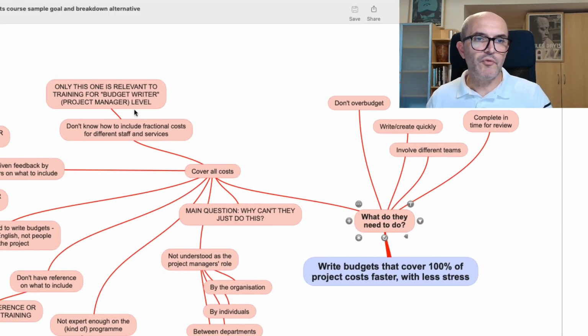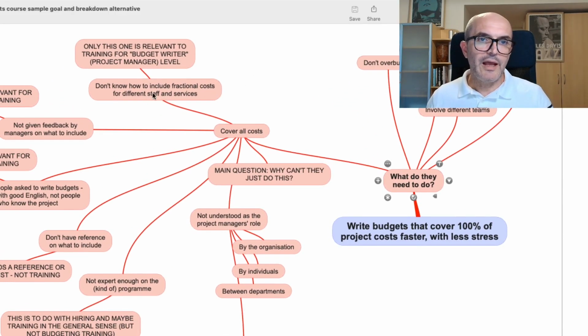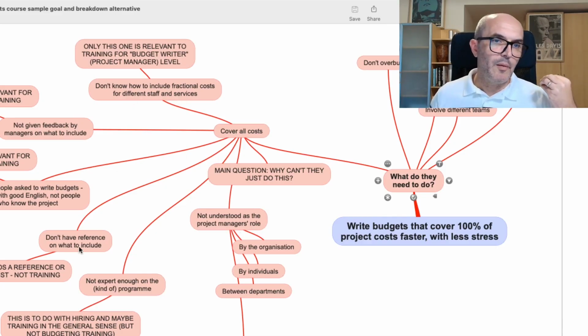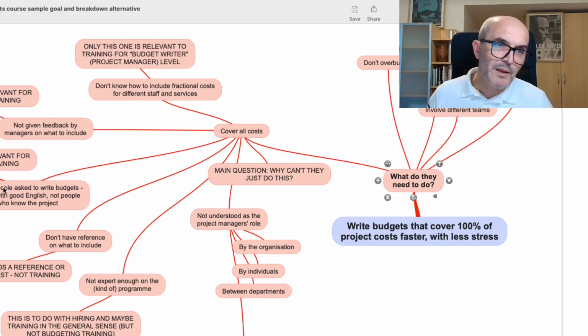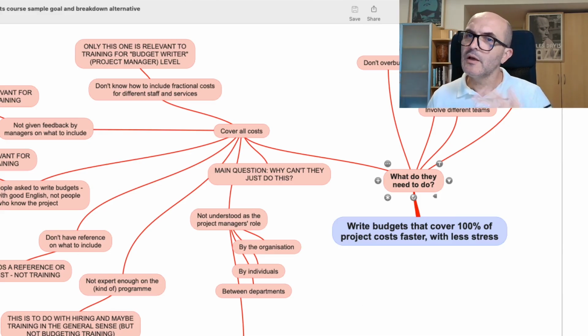So there's several different reasons, like not knowing how to include fractional costs, about not seeing it as their role, about not having any references, about not knowing the programs well enough to do it, wrong people being asked. Those might be related. But so different factors that would stop them from just covering all the costs if you ask them too nicely.